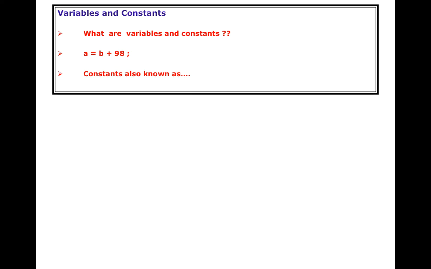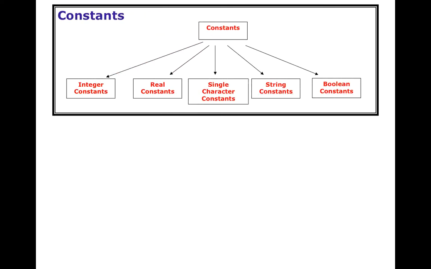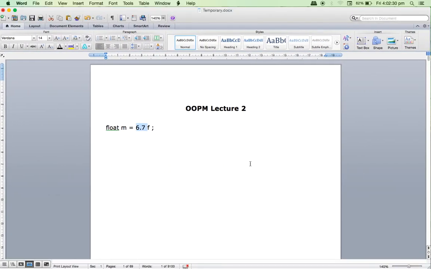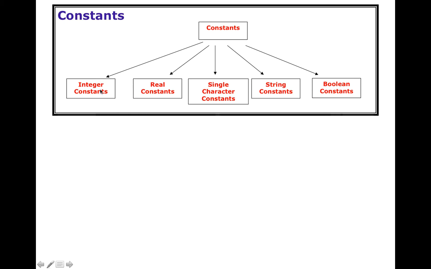Okay. Now, once you understand what is a variable, what is a constant, now let's talk about different types of constants. So, as far as constants are concerned, there are 5 categories of constants: integer constants, real constants, single character constants, string constants, and Boolean constants.